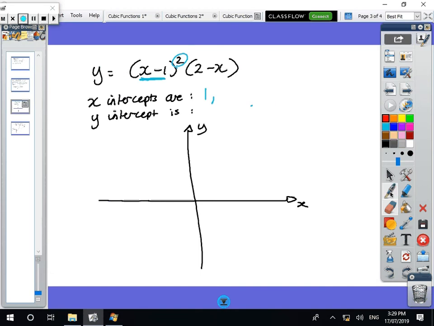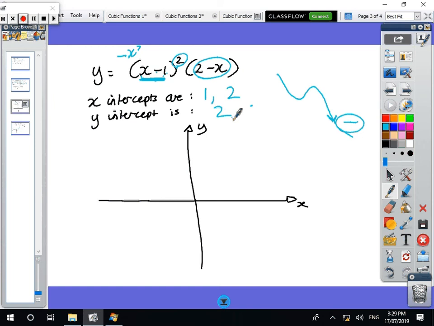Actually, x squared times minus x is a minus x cubed, so it means it finishes going down. So I made a mistake there. Anyway, we've got two x-intercepts: at 1, and the other one is going to be at x equals 2, the opposite number. The y-intercept: minus 1 squared is 1, 1 times 2 is 2.